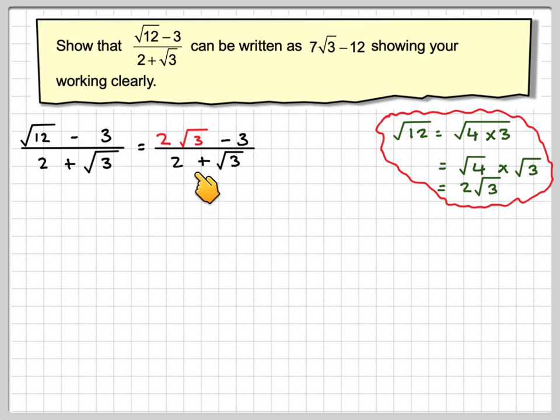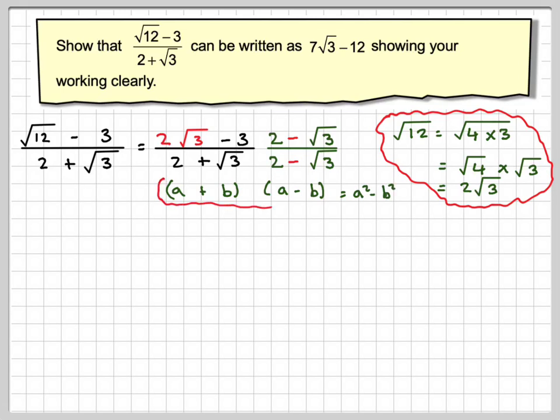The second step is to rationalize the denominator. So you've got 2 plus root 3 here. So you need to multiply it by 2 minus root 3, the denominator. Now, because you've done it to the denominator, you must also do it to the numerator. And the reason for doing that is that a plus b times a minus b is equal to a squared minus b squared. So we're going to apply that in a minute.